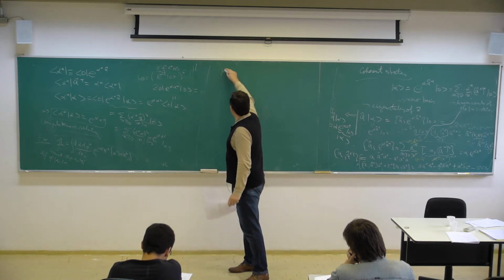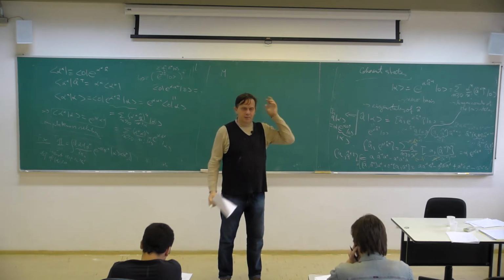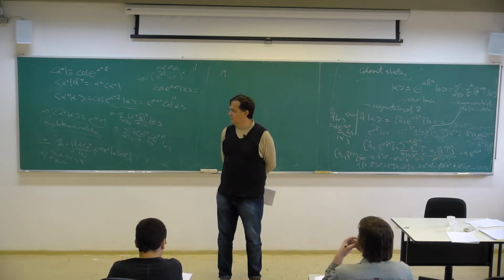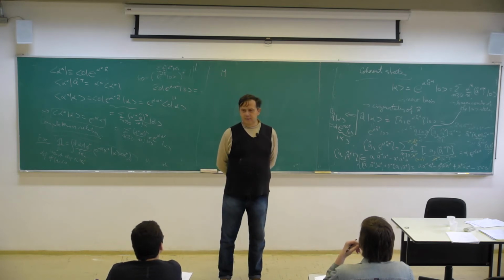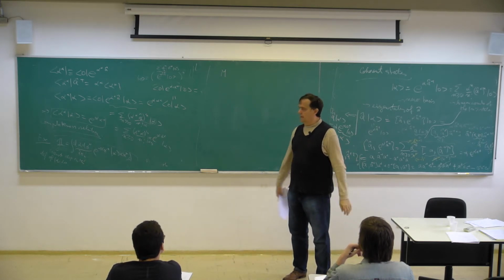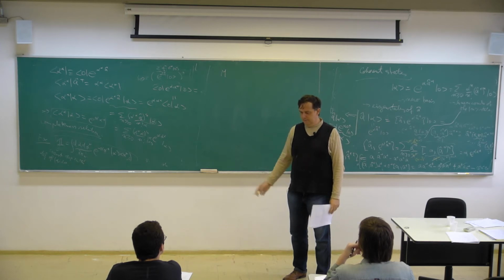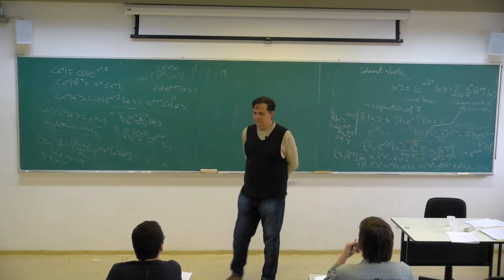So now we want to calculate. Remember, the point about introducing the coherent states was that I wanted to define the path integral better. In order to define the path integral, we do the same thing as in the representation of Q of t.